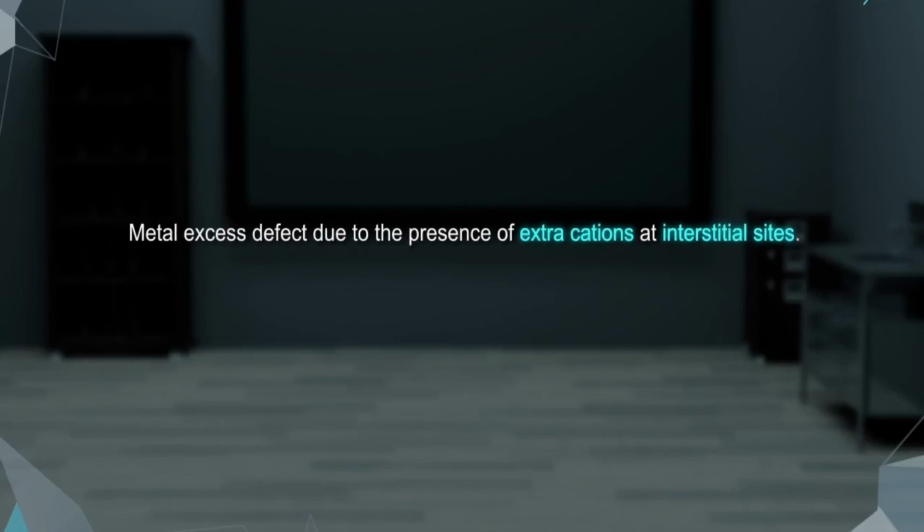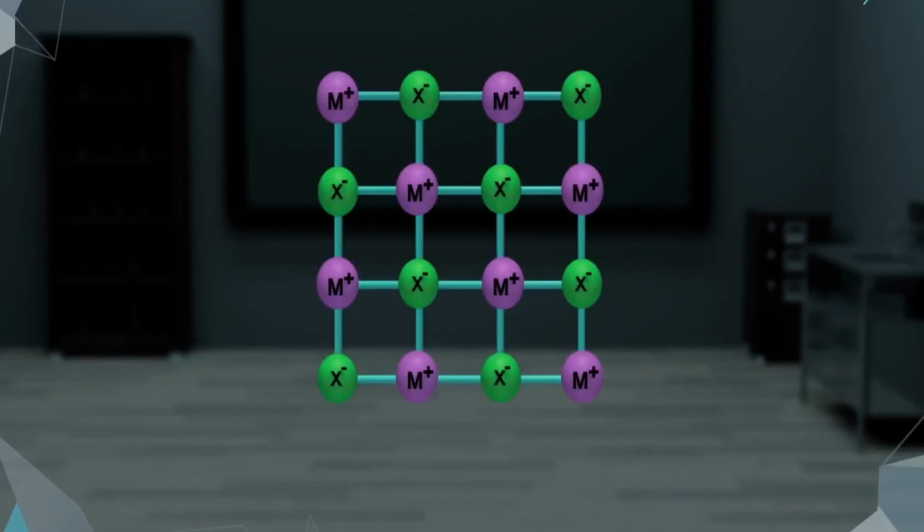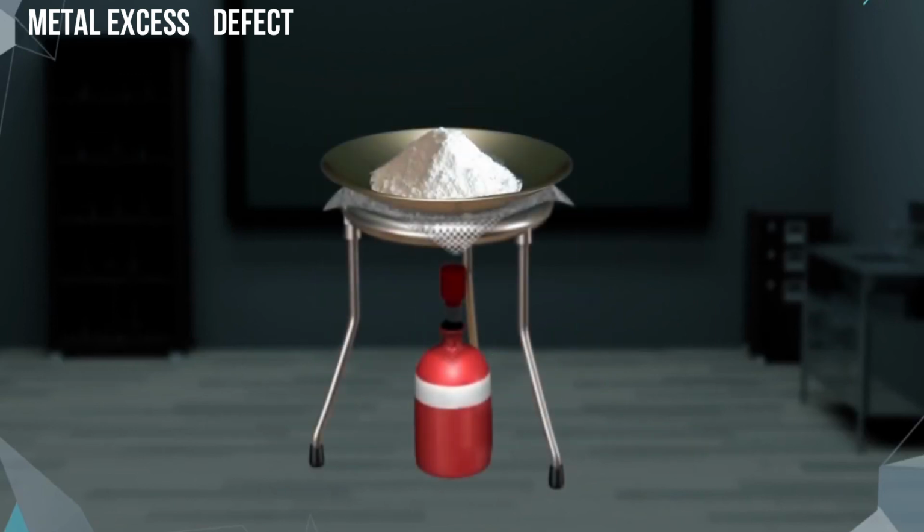Metal excess defect due to the presence of extra cation at the interstitial sites. In this defect, an extra cation occupies the interstitial site. To maintain the electrical neutrality, an electron also comes to an interstitial site. This defect is found in crystals having Frenkel defects. Zinc oxide is white and colorless at room temperature.